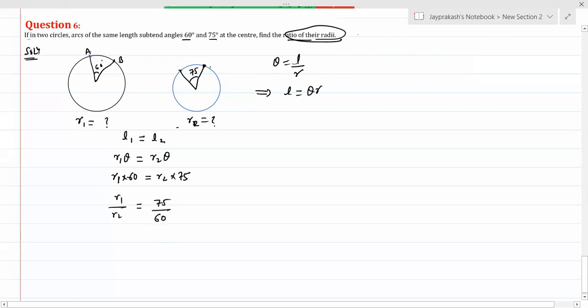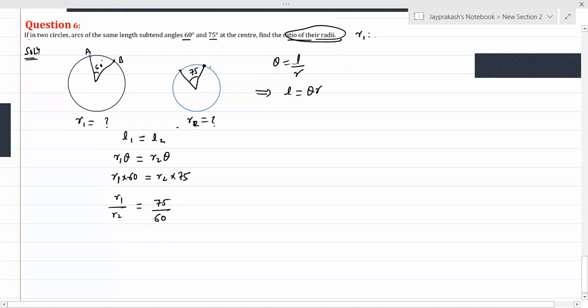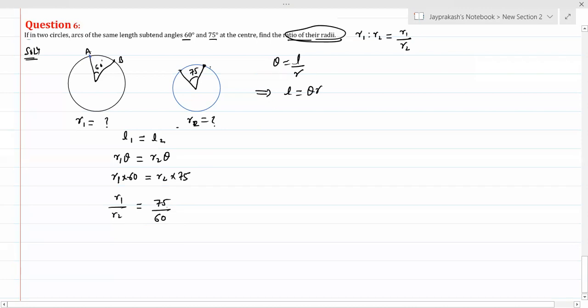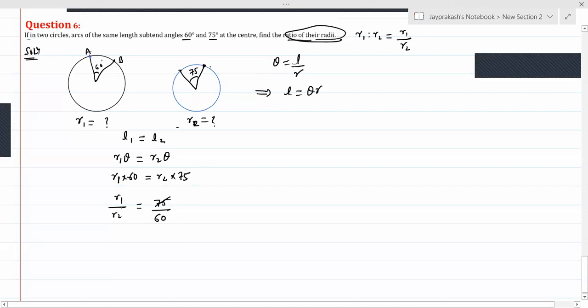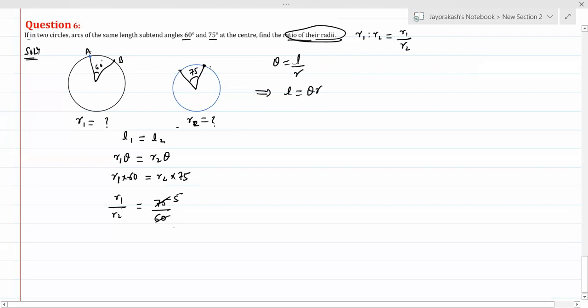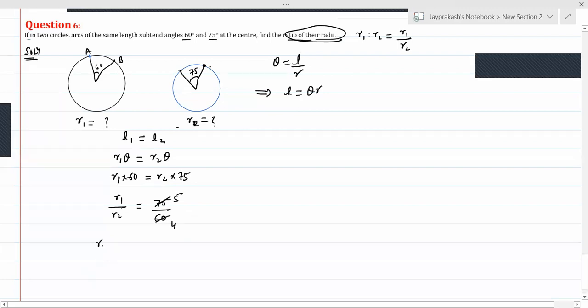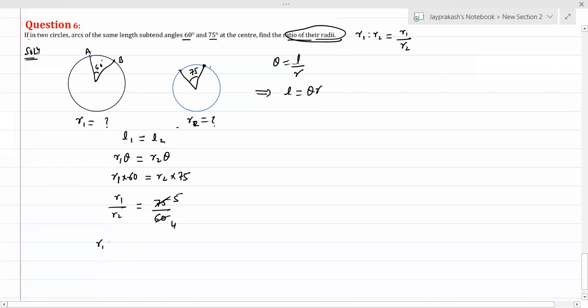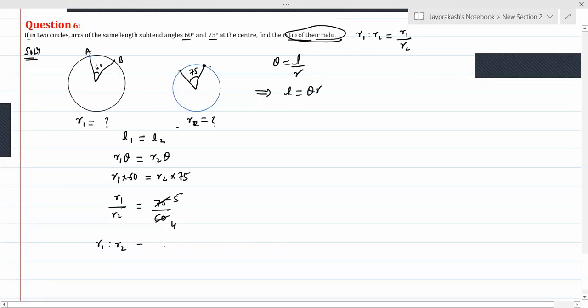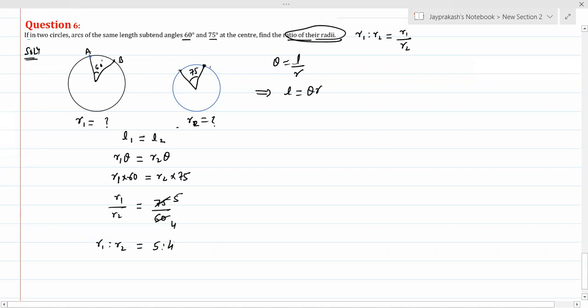We need to find the ratio, so R1 ratio R2, that means R1 upon R2. Fifteen fives are 75, and fifteen fours are 60. So now we have R1 ratio R2 is 5:4. This is the ratio of their radius.